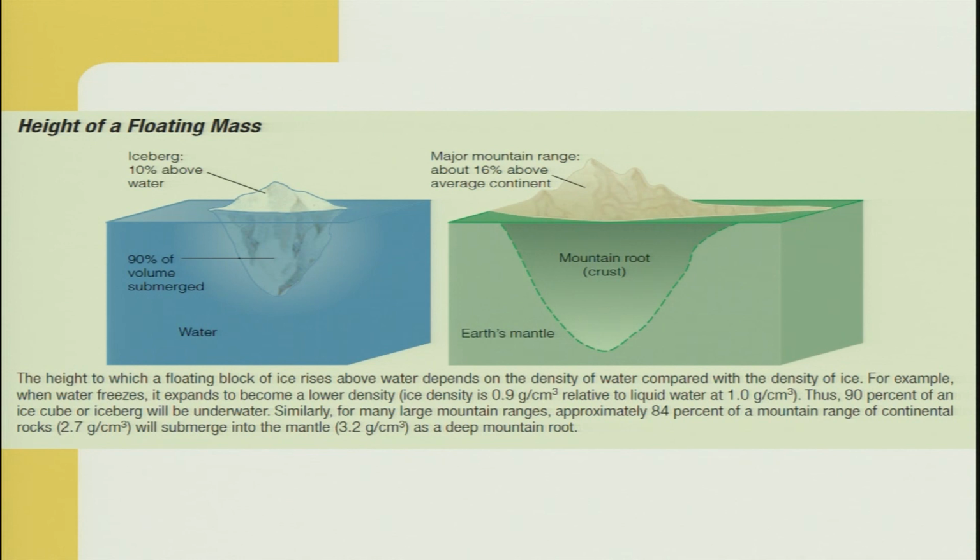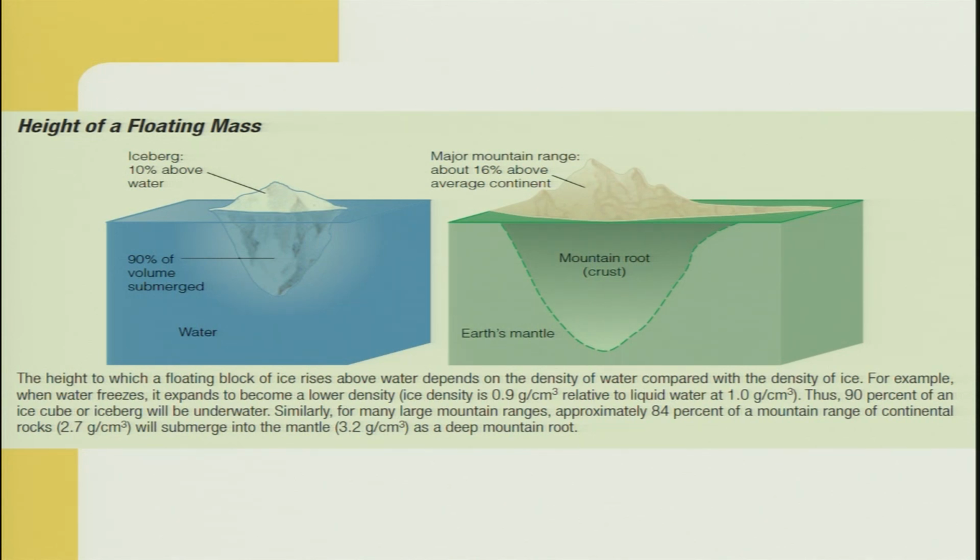So, if we look at these two examples which have been given, on the right hand side we have the earth mantle and the continental lithosphere, and on the left hand side what we see is the ocean water and the iceberg.